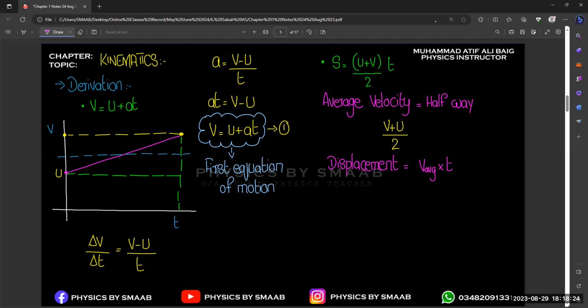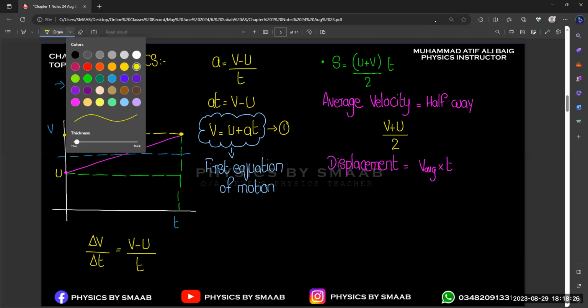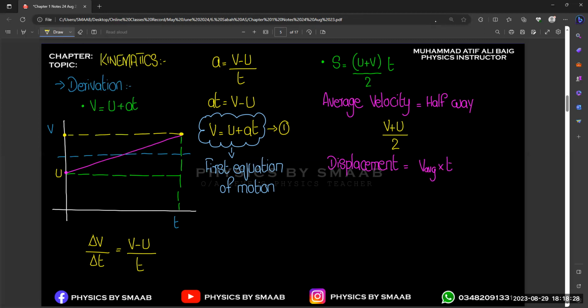So we already found the value. Yes, I get it. Okay. So now simply you write S for the displacement, and the average speed times time. So this is your second equation, right? Yep.